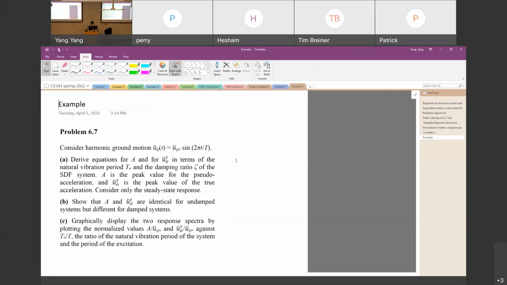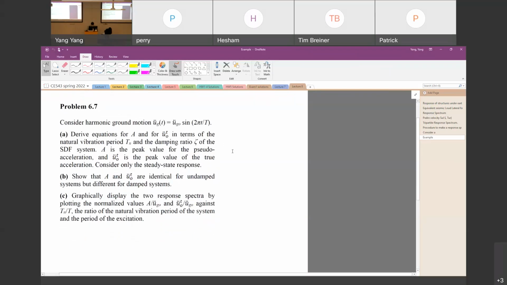Mother Nature will never give us a harmonic ground motion. But this time let's see what the response will be like for a harmonic ground motion.